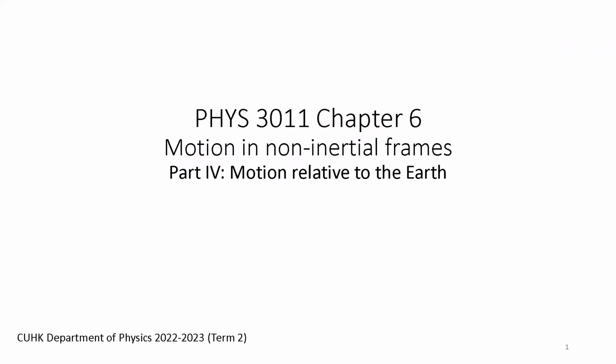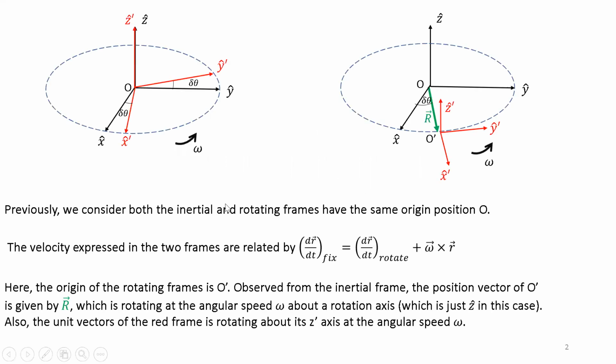Before I set up the rotating frame specifically for the Earth's surface, I need to go back and talk about the transformation between the fixed frame and the rotating frame, because the frame we are going to set up is slightly different from what we had in the previous part of this chapter.